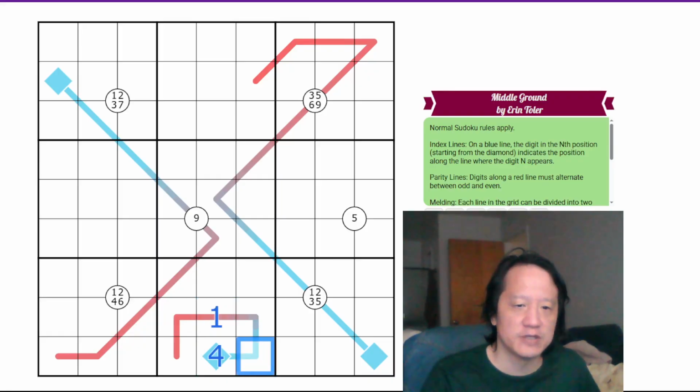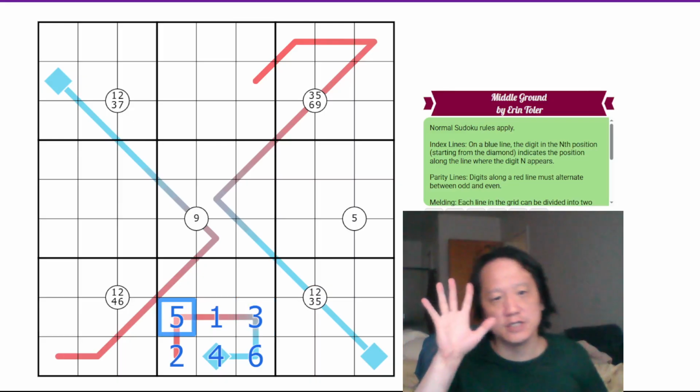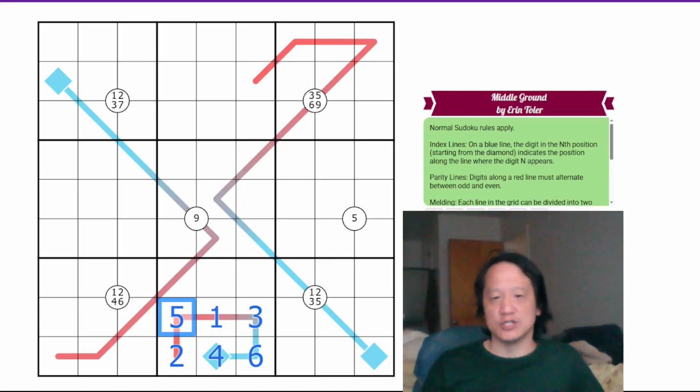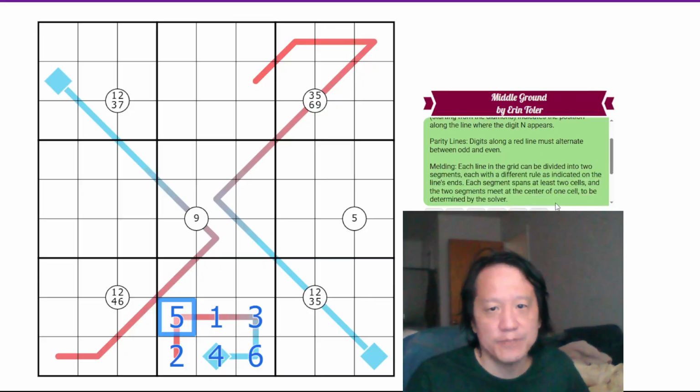And we could have something like 6 here, which means that in the 6th position, there must be a 2. And then we could have 3 here and 5 here, and that would be valid, because 3 indicates that 3 is in the 3rd position, and 5 here indicates that 5 is in the 5th position. So that's an example of how index lines could work.